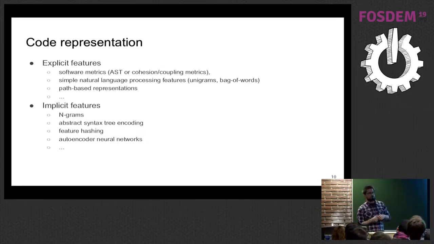Speaking about code representation, it's really a hot research topic right now. But basically, all these approaches fall into two categories. The first one is explicit features, basically software metrics like the height of the AST or cohesion coupling metrics, and some natural language processing features like bag of words or their derivatives.